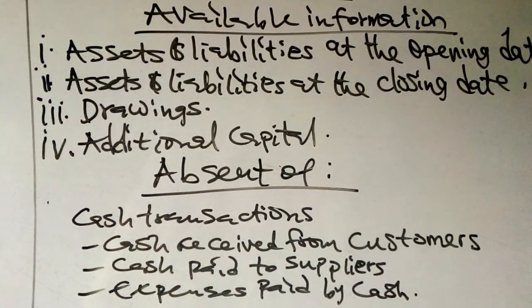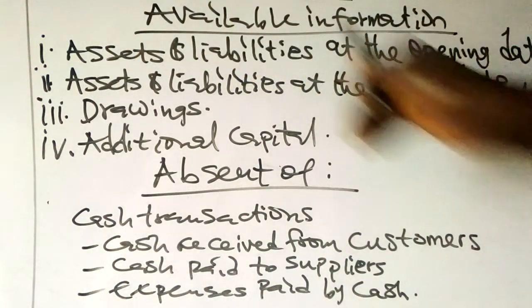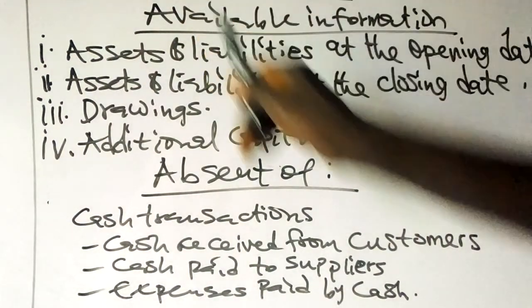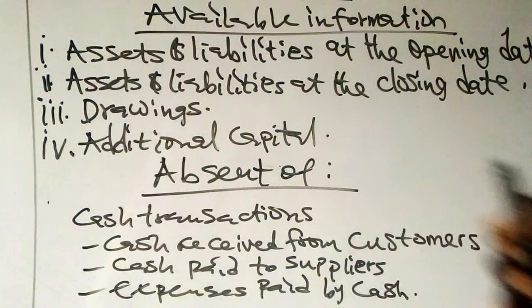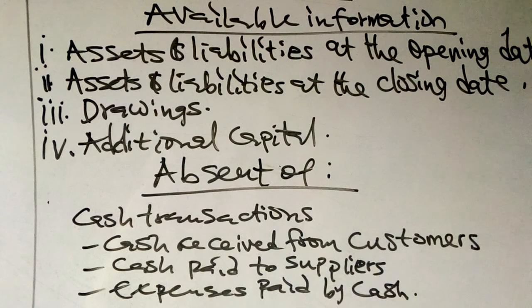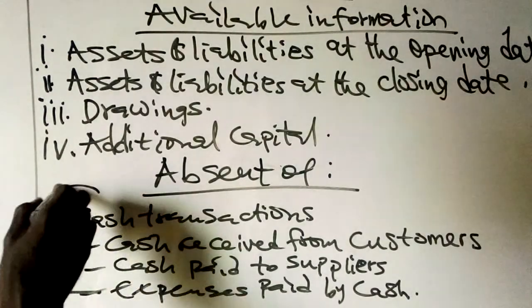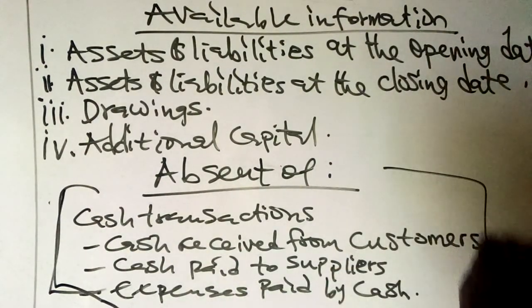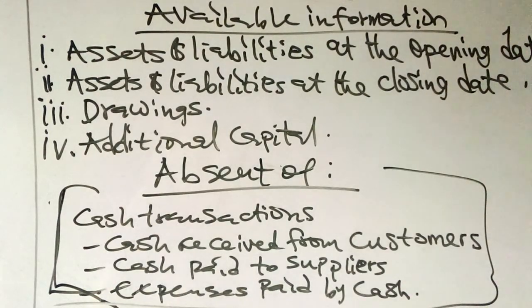But in incomplete records, there may be no records at all, or the records available will not be enough to prepare the statement of profit or loss. This information will not be available in incomplete records questions, but they will be given in a single entry system.